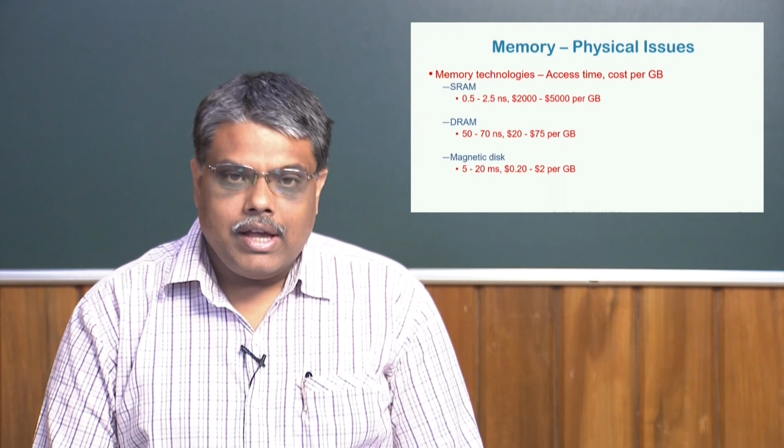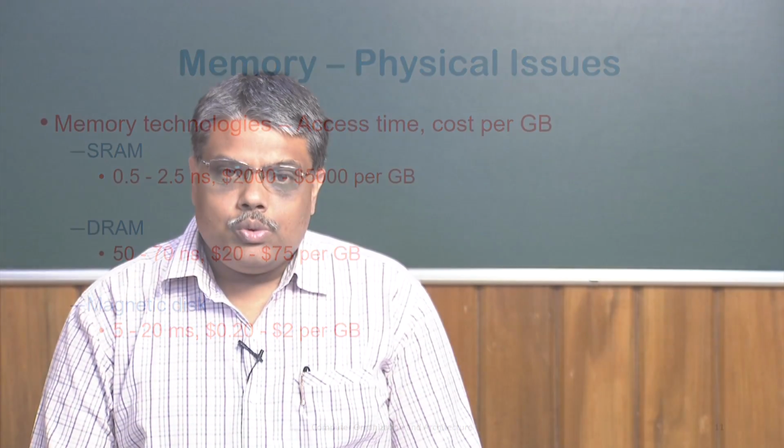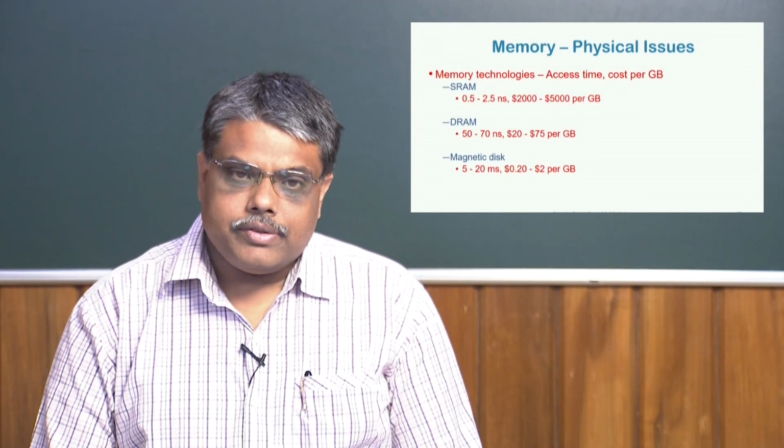That means it is on average about 1/10 as fast as the processor. However, the cost per GB of this type of memory is also very huge. The cost per GB is about $2,000 to $5,000.